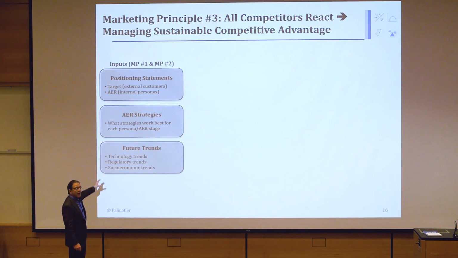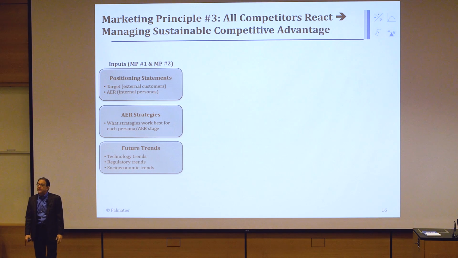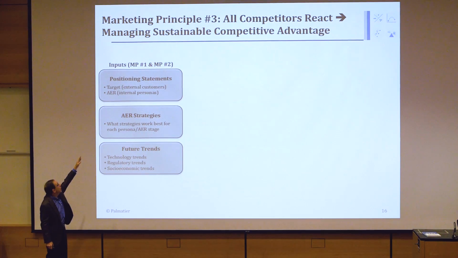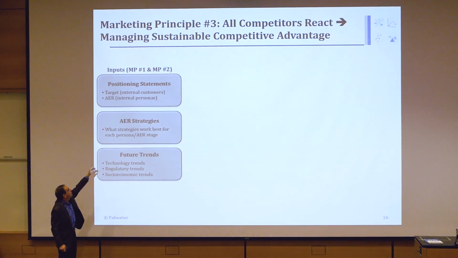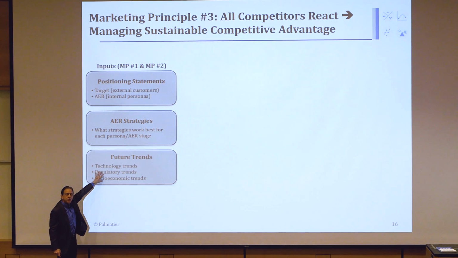So what's the framework for market principle 3? The inputs are the outputs of the first 2 principles: positioning statements from market principle 1, BOR strategies from market principle 2. And we also need to look at future trends.